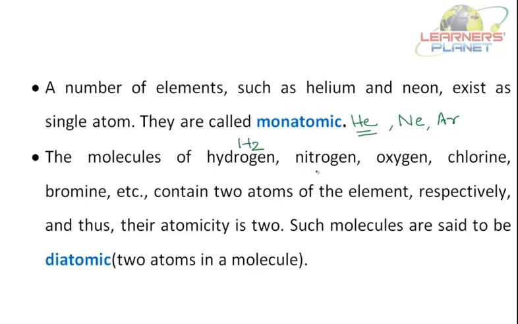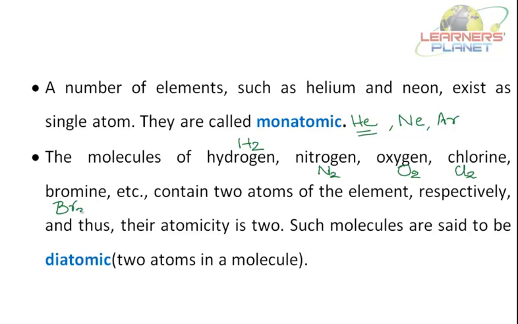Two atoms of nitrogen combine to form a nitrogen molecule. Single atom of nitrogen is unstable. Again, two atoms of oxygen combine to form one molecule of oxygen, and it is represented by O2. Two atoms of chlorine combine to form one molecule of chlorine, and it is Cl2.